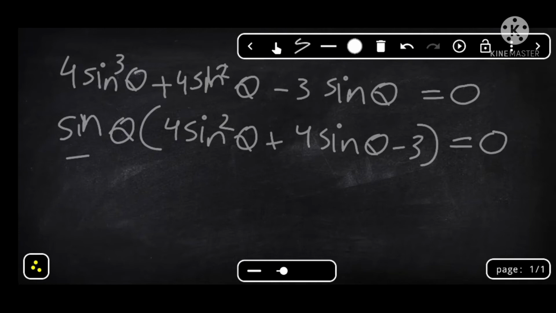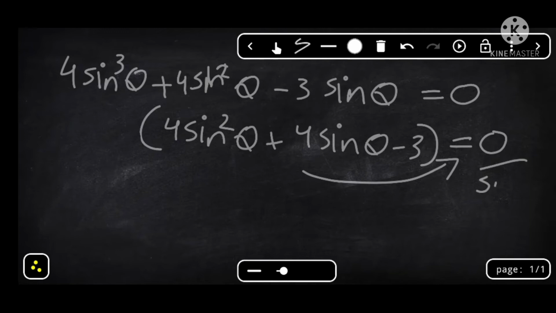If we take sine theta to this side, it is going to be 0 divided by sine theta, that is same as 0, right? Now we can solve for sine theta, right?